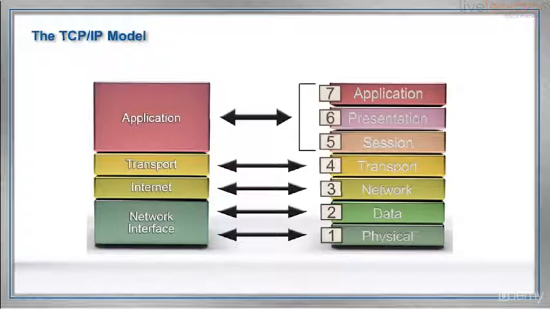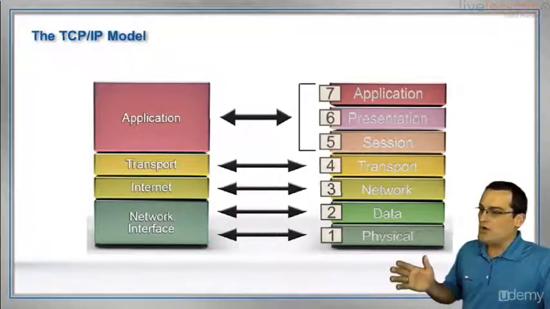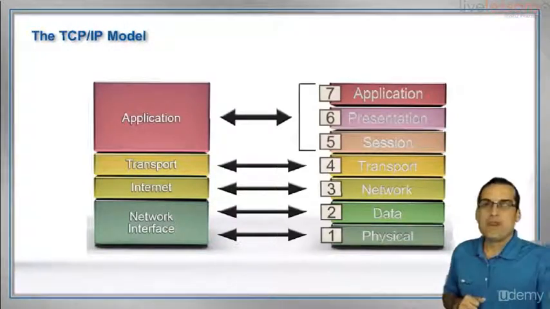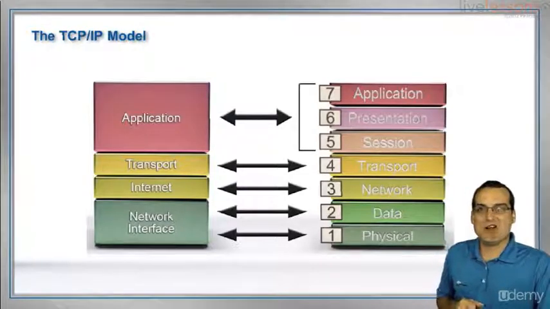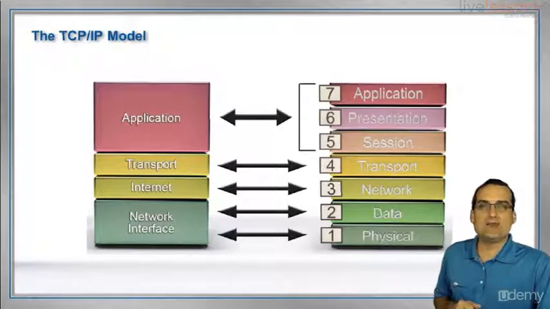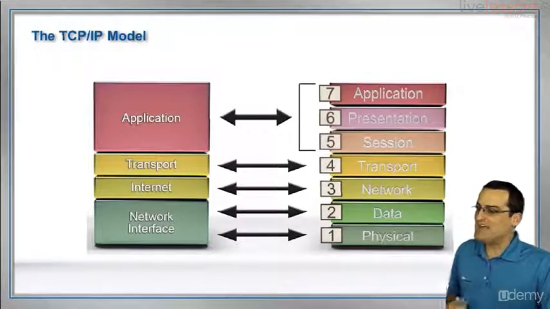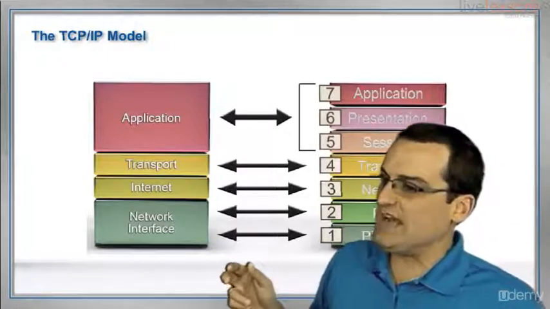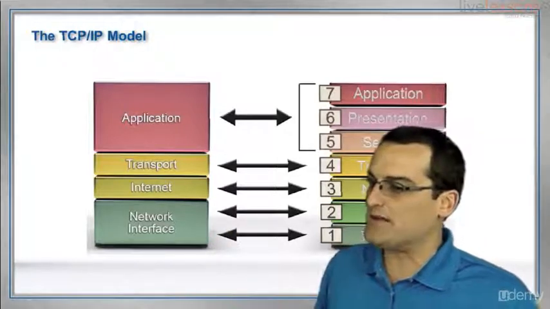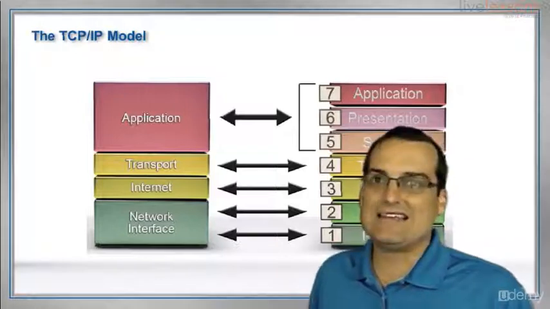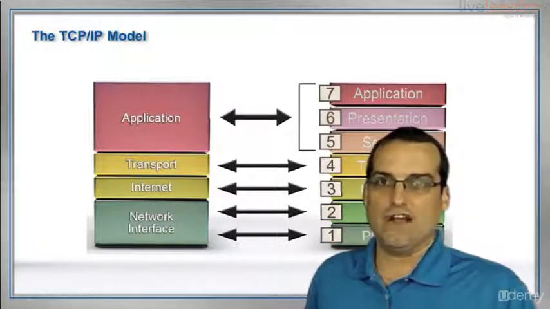Well, folks, the OSI model, believe it or not, was not first. What predates the OSI model was an invention from the United States Department of Defense, and it's called the TCP/IP model. Now, as you can see, the issue that we have with the TCP/IP model is that it is not granular enough.